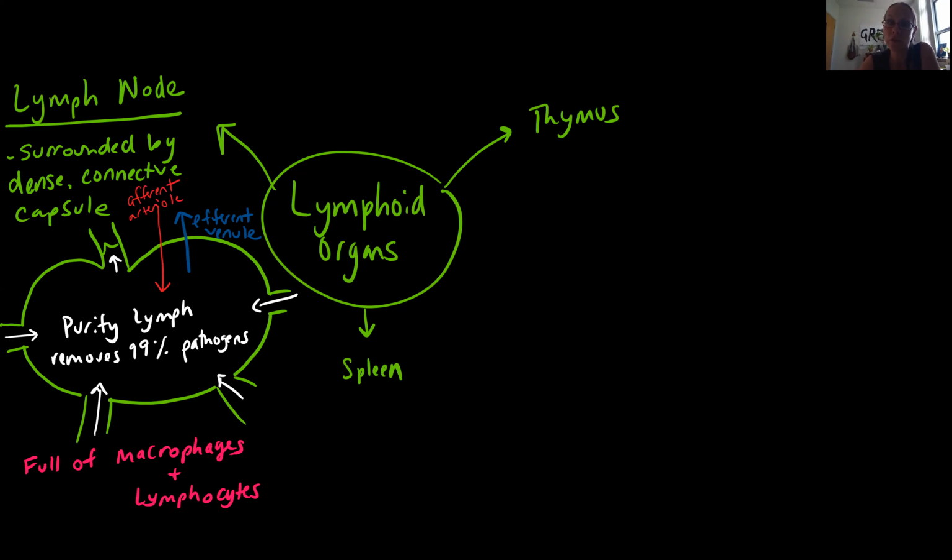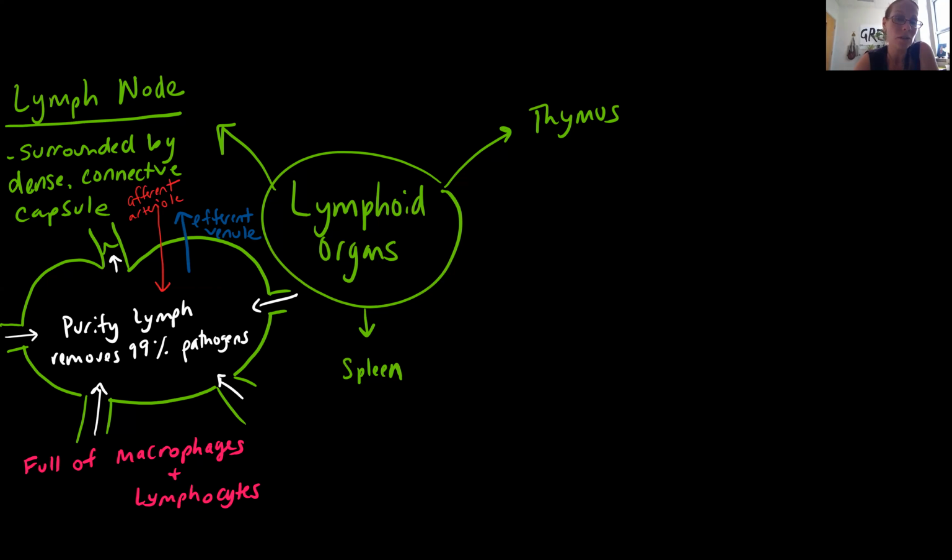Lymph nodes are different from lymphoid nodules because they are surrounded by dense connective tissue capsules. So it is like a distinctive structure that can be easily dissected and removed. So that's one of the things that's going to make it different. Essentially, the job of the lymph node is to filter out pathogens as that lymph is traveling through the lymphatic system.